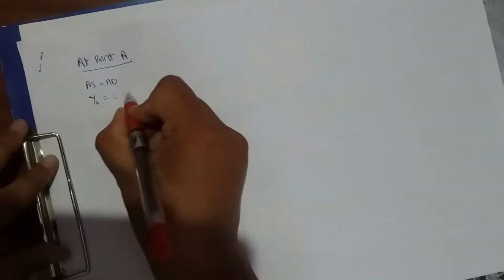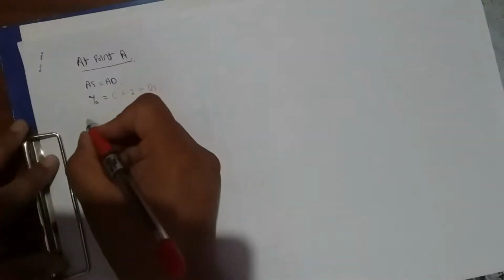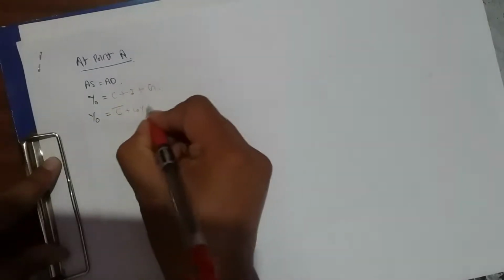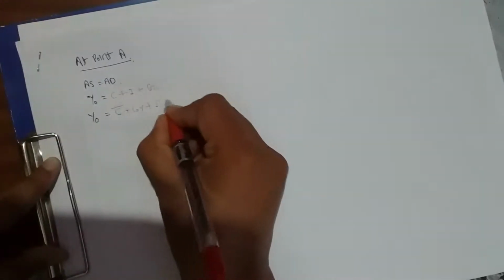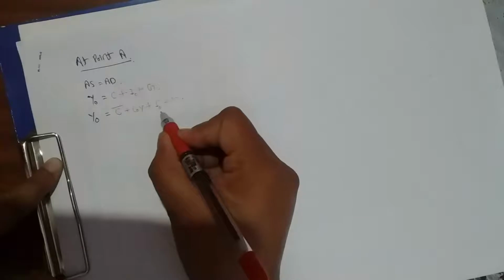Y naught is equal to consumption plus investment plus government expenditure, and y naught is equal to C bar plus c naught y plus I naught plus G, right? We have denoted investment as I naught in my diagram.